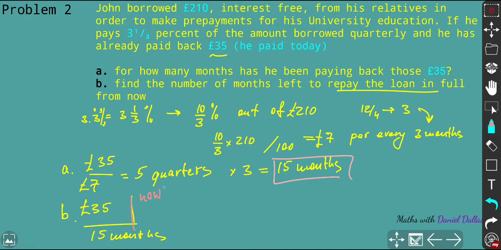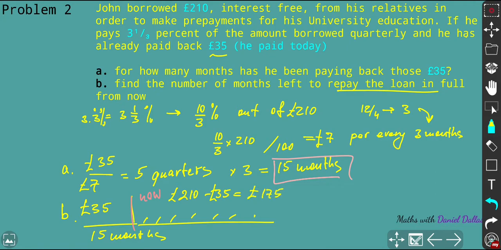From now on, the following period, the number of months is for the residual amount. So the residual amount is 210 pounds minus 35 pounds. That's how we find the residual amount to repay, and I guess it's going to be 175. So 175 pounds you need to repay.